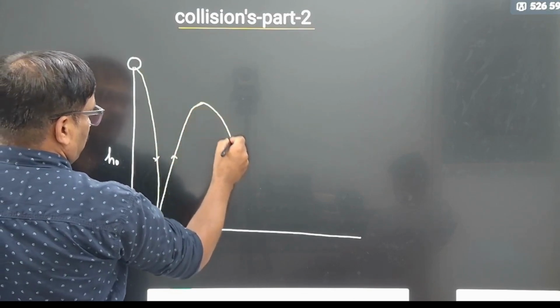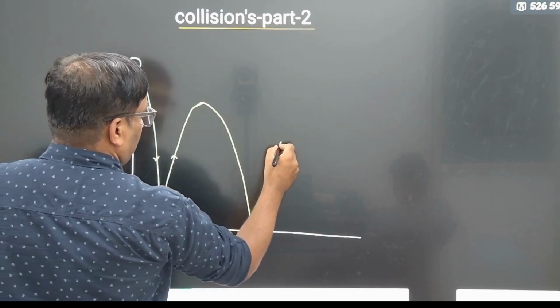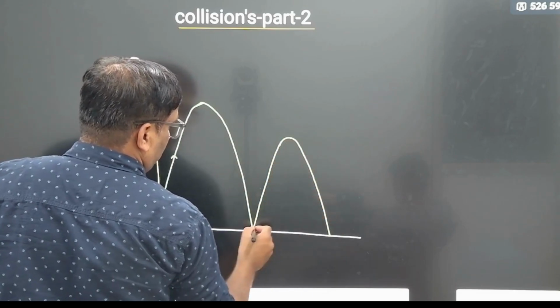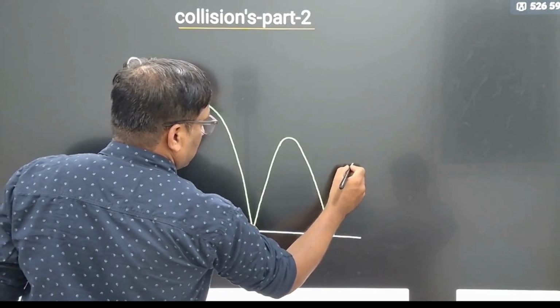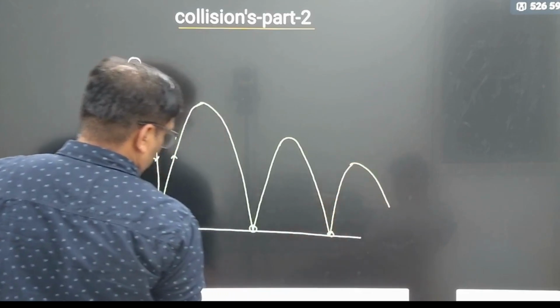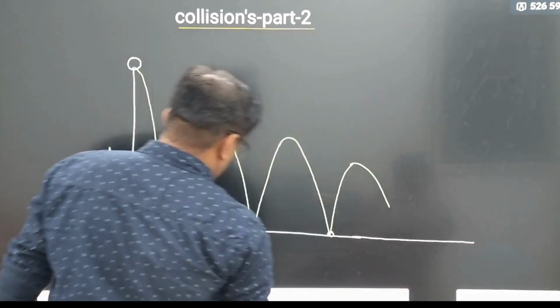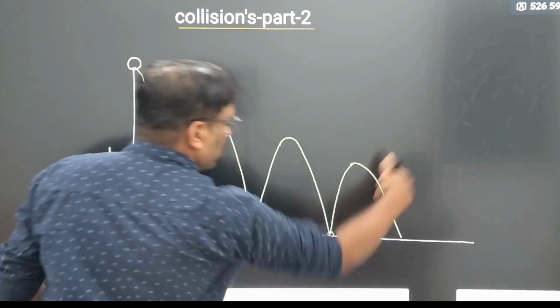Again it will come back down, hit the ground, and again be raised to a certain height. It will bounce again and again, and this continues until it finally stops.